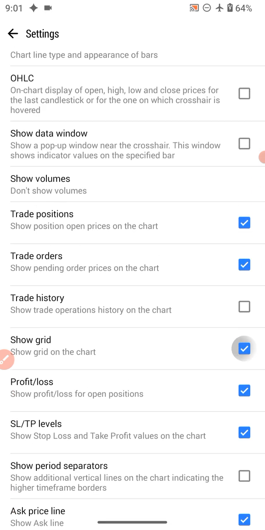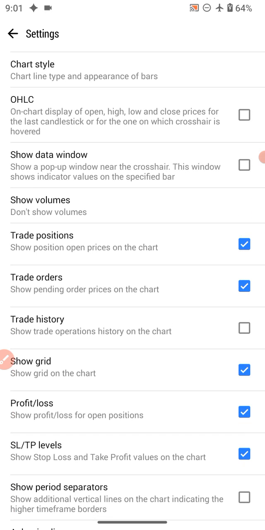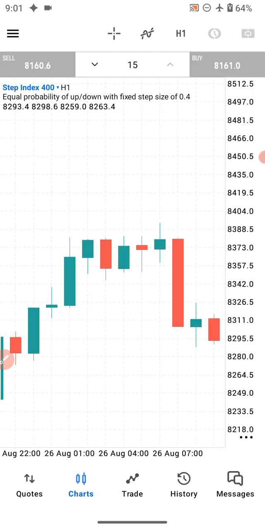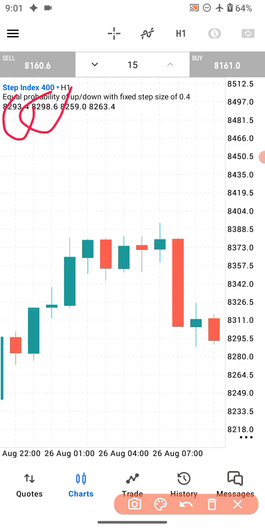We call this the OHLC, the open, the high, the low, and the close. This is what we just read. So now I've already toggled it on. You can see the open of any price that is moving, the high, the low, and then the close.